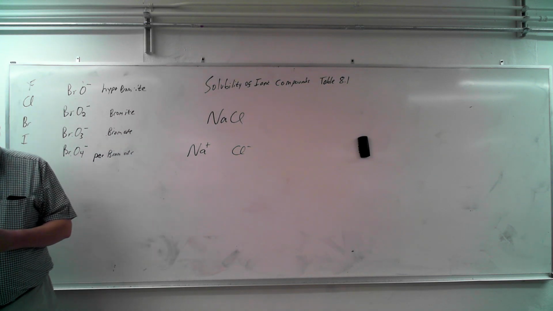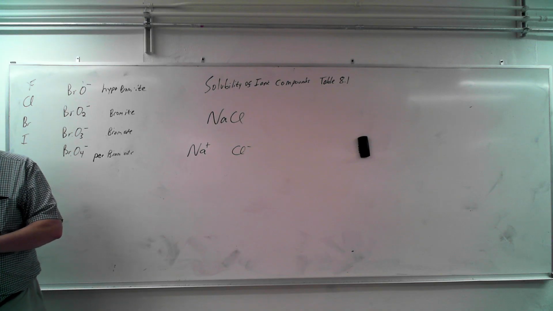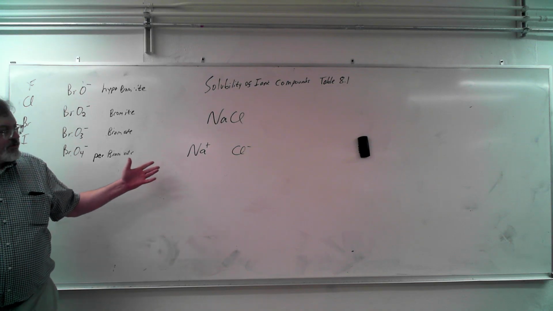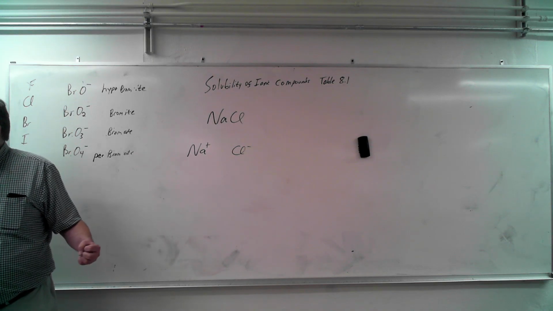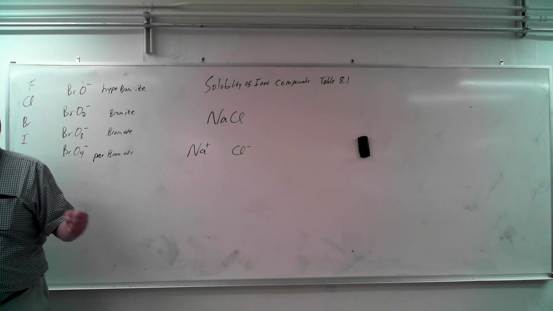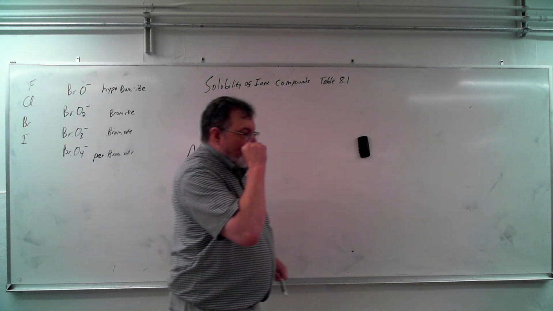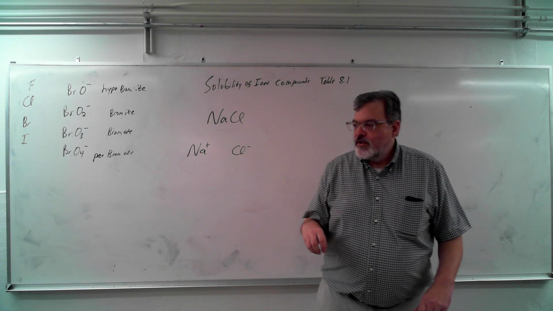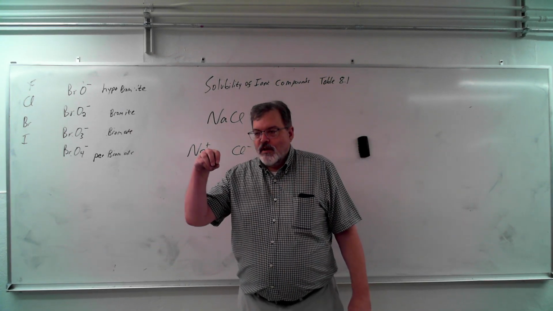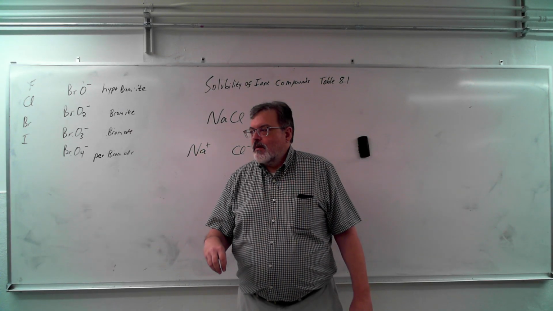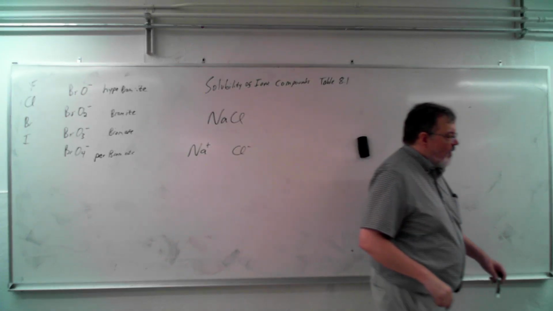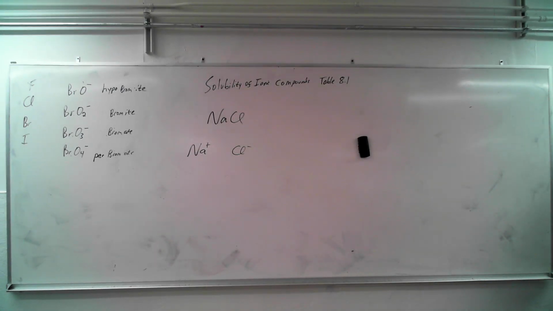So when you dissolve table salt in water, that's what's happening. The sodium and the chlorine separate, and they're just floating around, and the H2O molecules separate. Some ionic compounds, if you put it in water, it won't dissolve, and you won't see it disappear, and usually it just kind of floats down to the bottom. This chart tells you what's soluble and what's not.